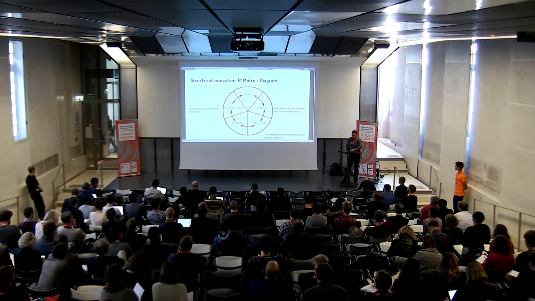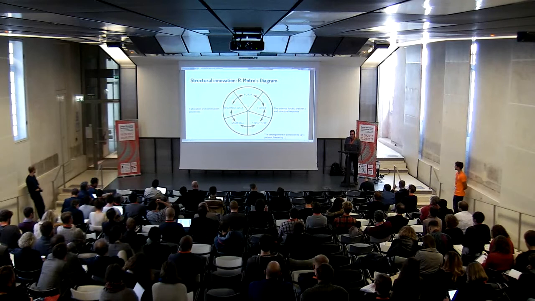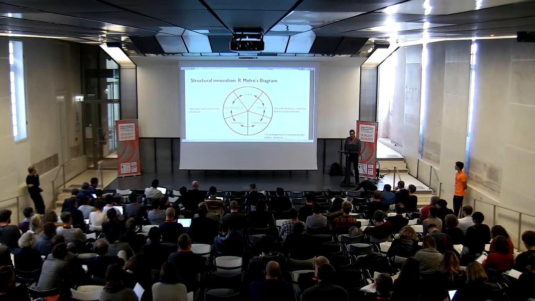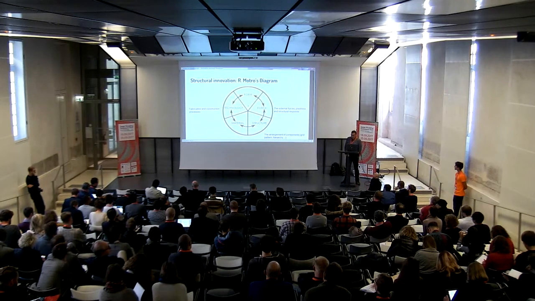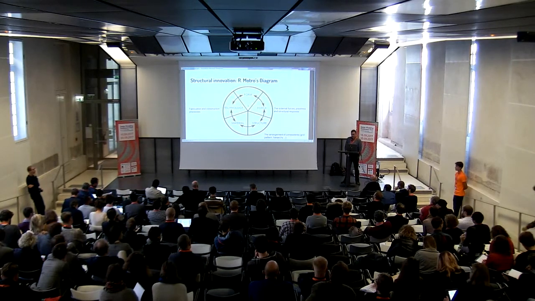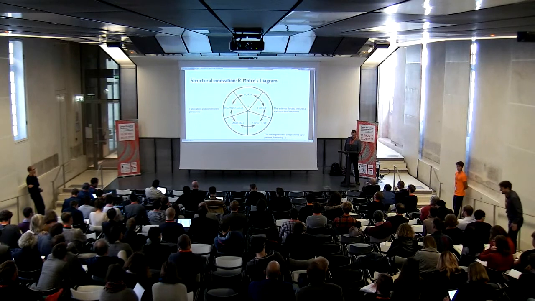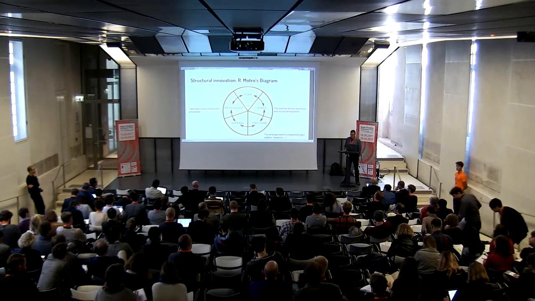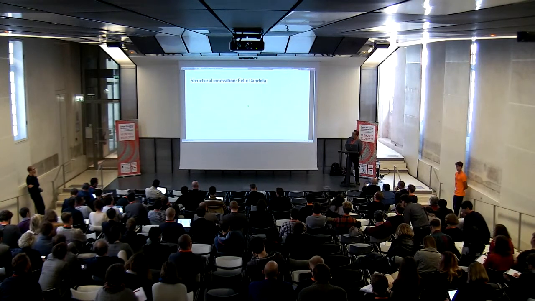So, how can we make a structural innovation? It's very often by taking two of these components in a different manner and getting a resulting innovating system. We can look through a historical example.